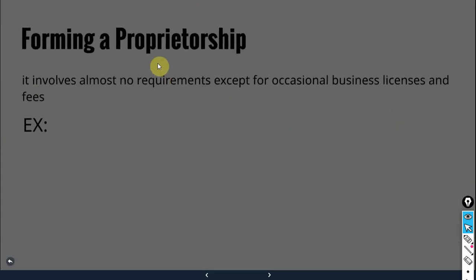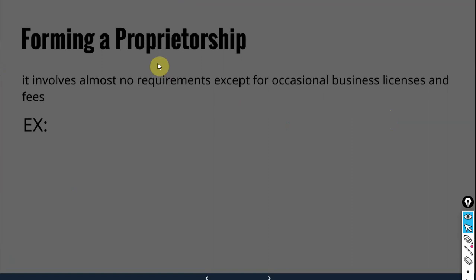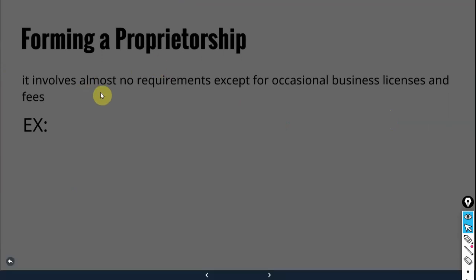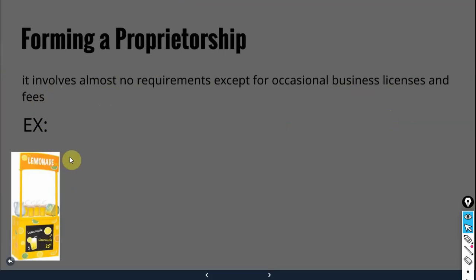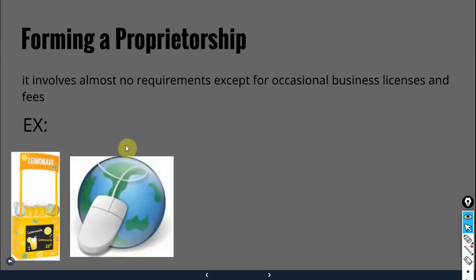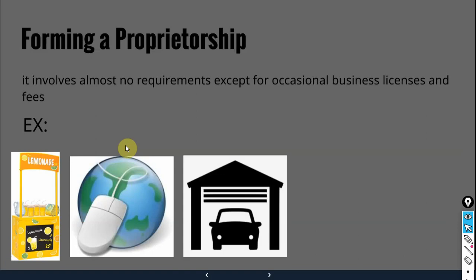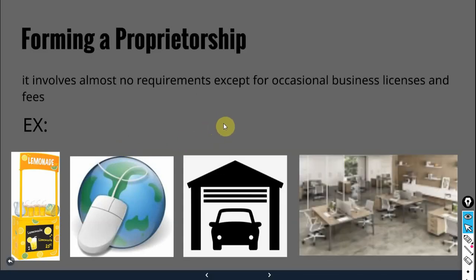If you want to form that type of business, it doesn't require a lot except for a business license and small fees. Examples of that type of form are a lemonade stand, even the internet, a garage, or renting an office or a shared office in one of the buildings.